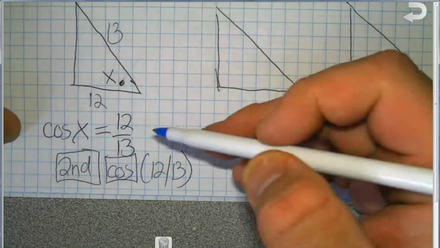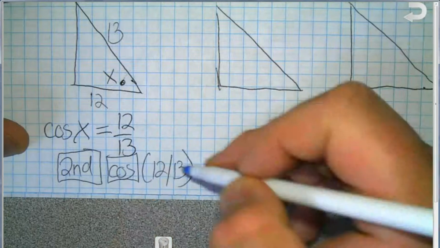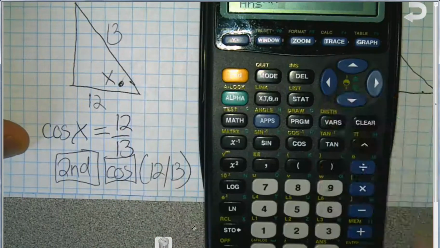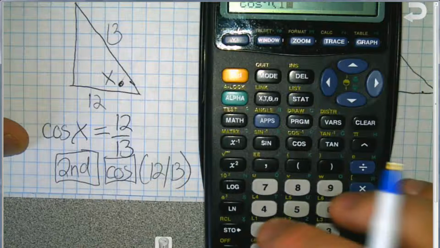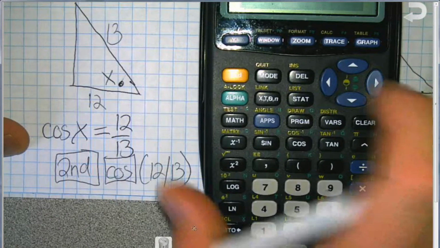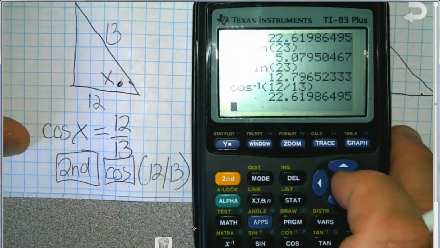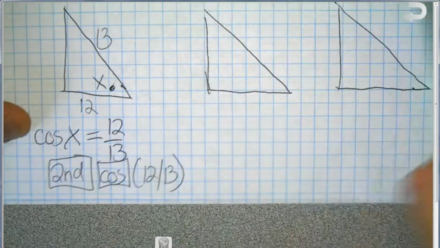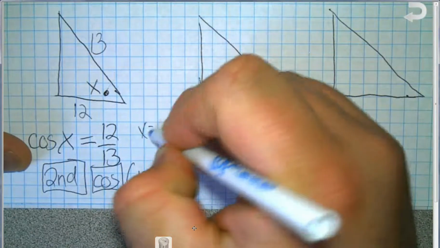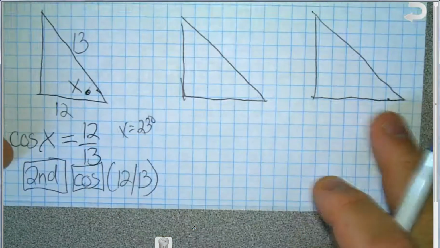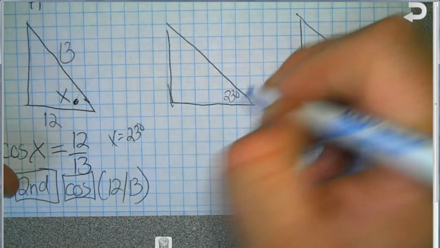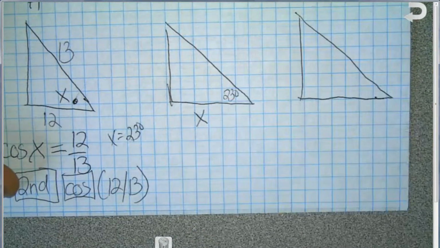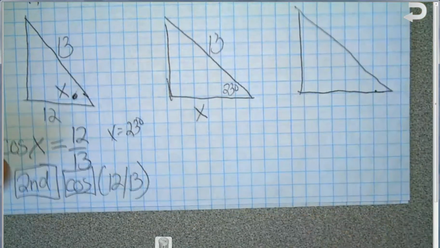And so when we did this, second cosine 12 over 13, we get the same degrees, 23. Okay, so in our second example, we're going to put 23 degrees. We're going to put the x here and the 13 there.